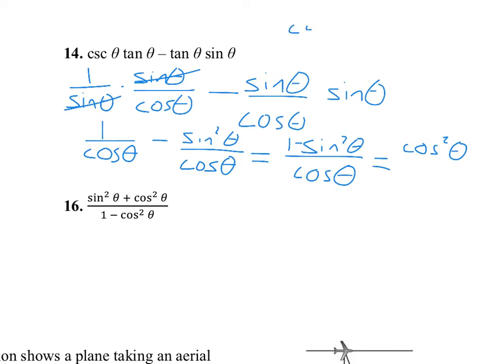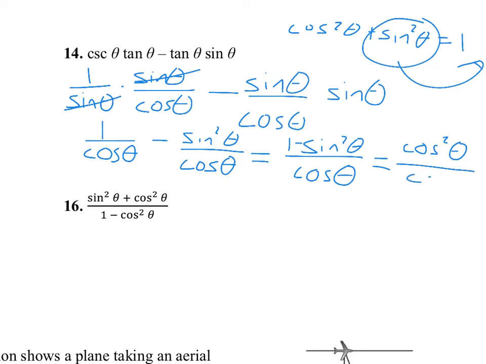So this one, cosine squared theta plus sine squared theta equals 1. If you move this to the other side, then you have 1 minus sine squared theta, which equals cosine squared theta, over cosine theta. So if I cross this out, and now there's only 1 left on top, so the final answer is cosine theta.